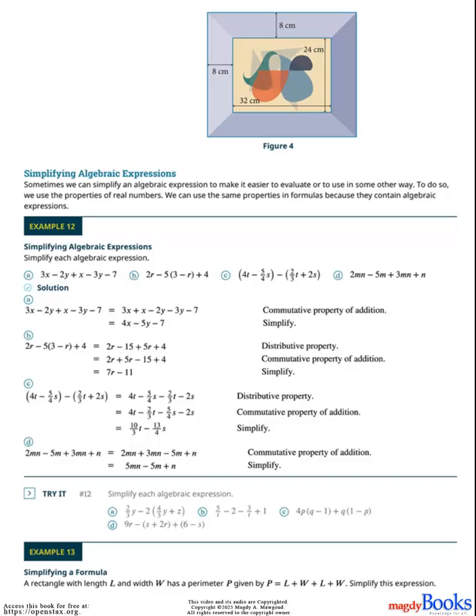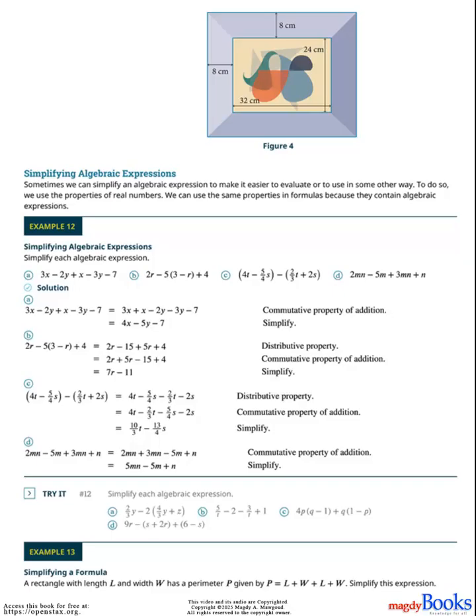Try it number 12. Simplify each algebraic expression. A. 2/3 y − 2(4/3 y + z). B. 5/t − 2 − 3/t + 1.